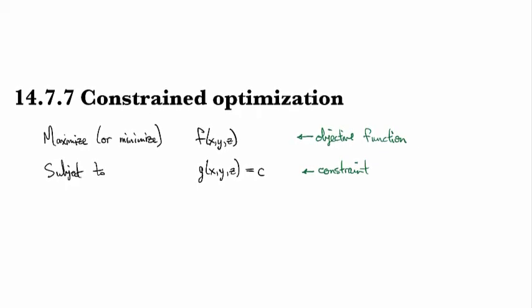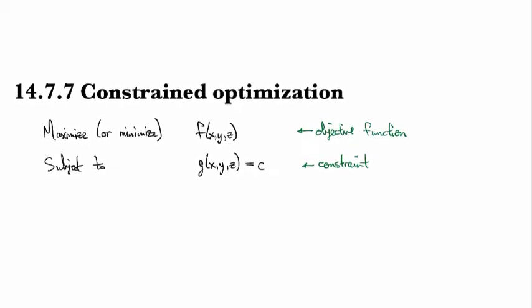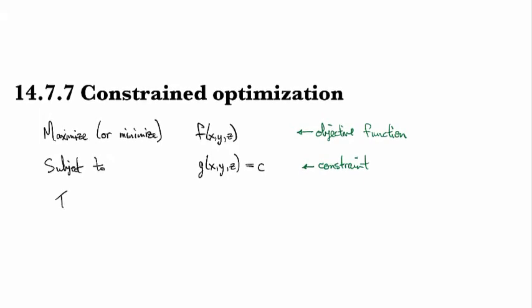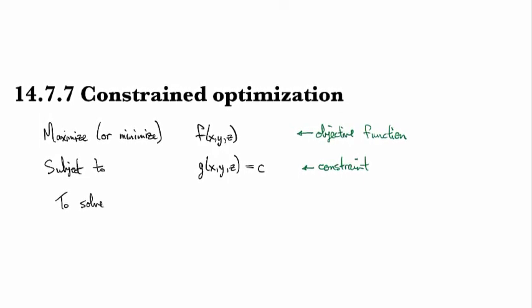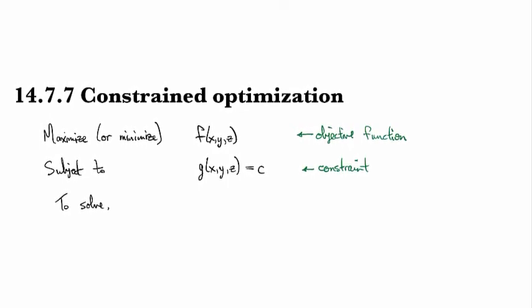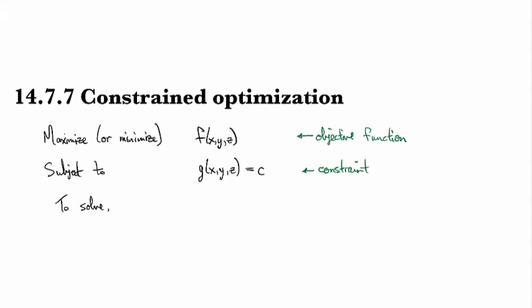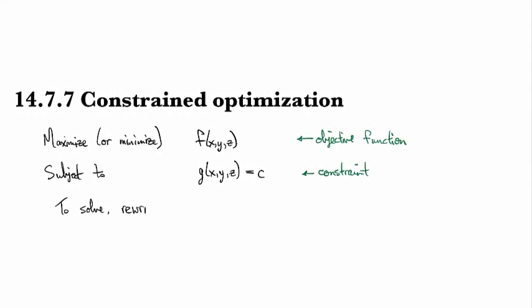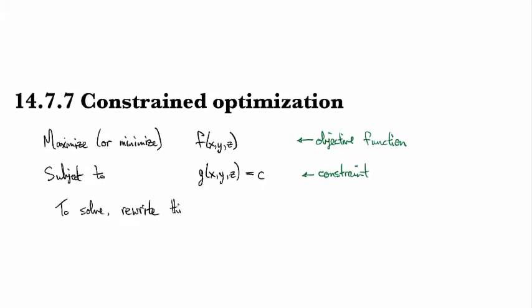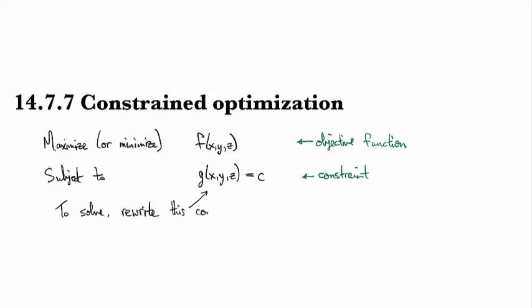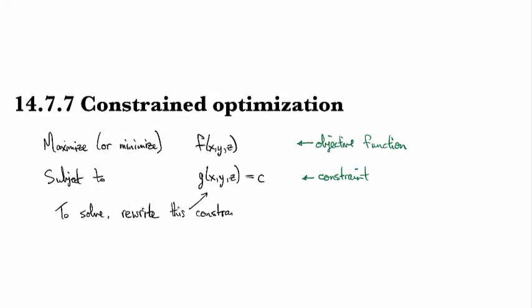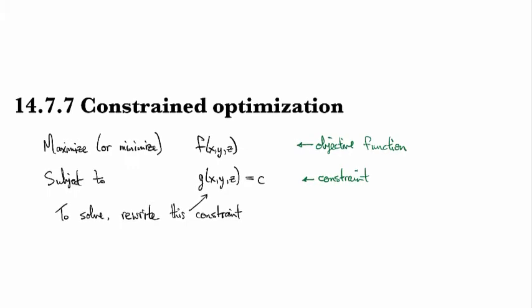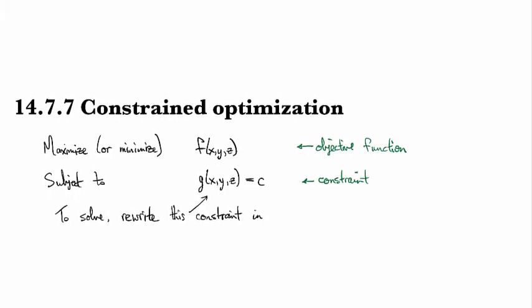And so the way this works, what we're going to look at in this chapter anyways, is to solve, what we're going to do is rewrite this constraint by solving it for one of its variables.